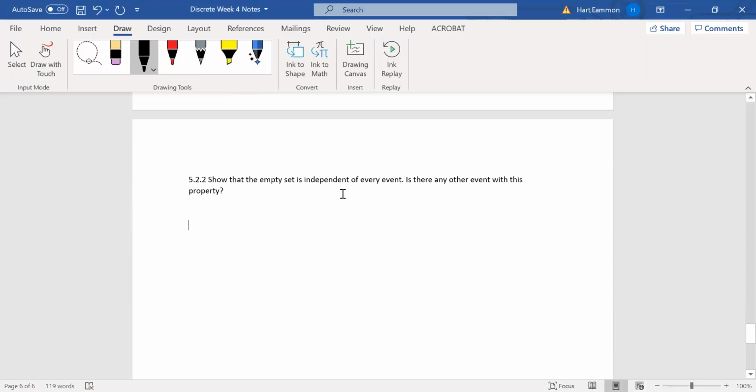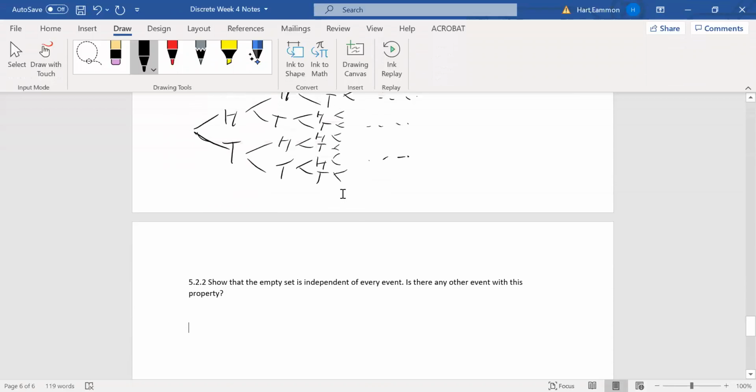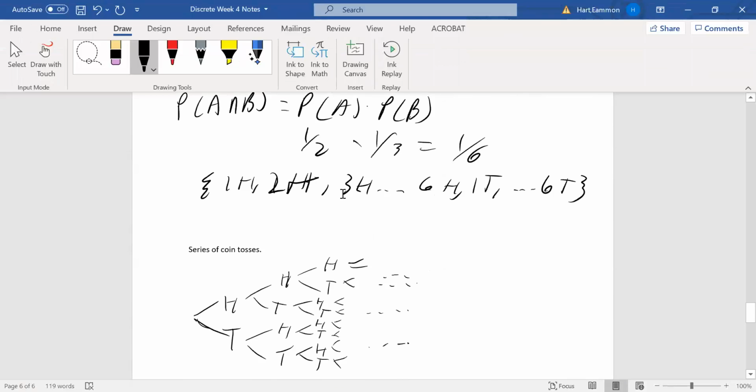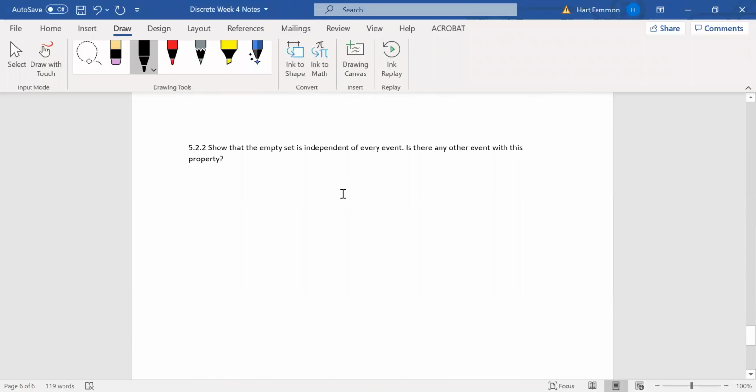So show that the empty set is independent of every event. This is just kind of a general probability question, not too much tying into any particular distribution. So yeah, just for any distribution. So the probability of the null set is 0, right?